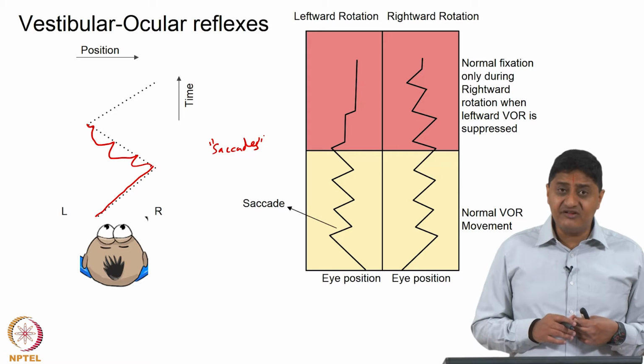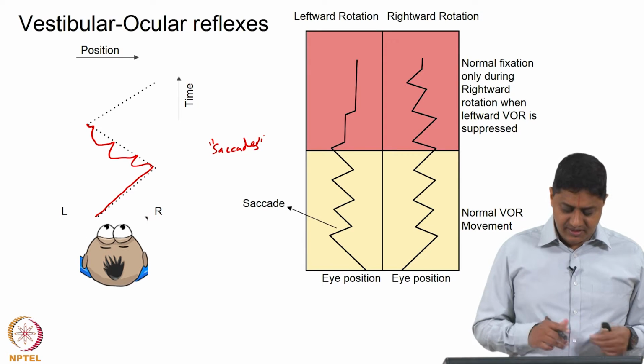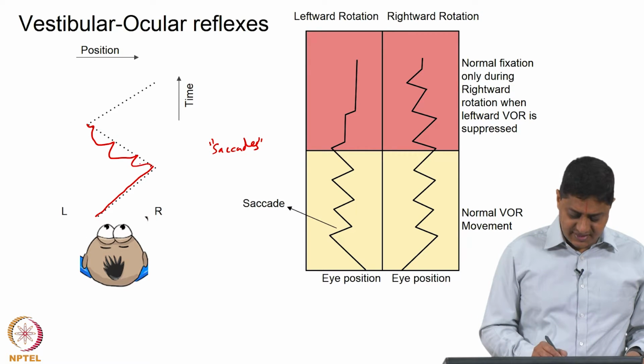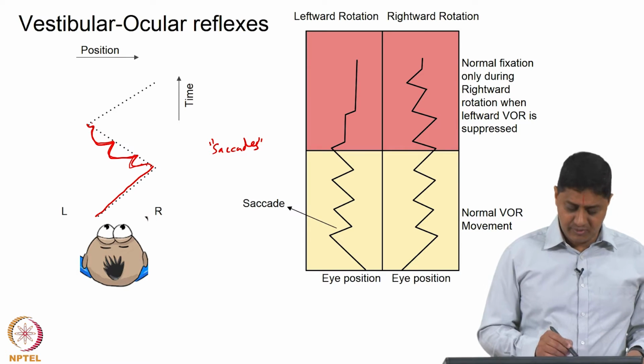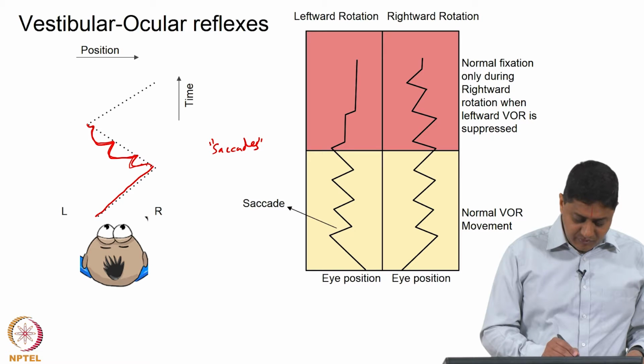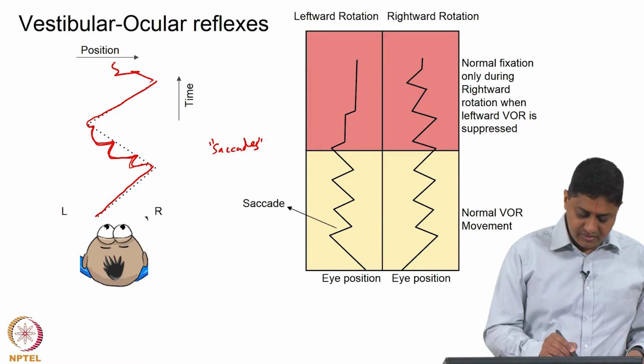Saccades are relatively fast movements, right. So, these are saccades that cause jumps in the movement of the eye, whereas once again moving from left to right there are relatively smooth movements, while moving from right to left there are going to be jumps.